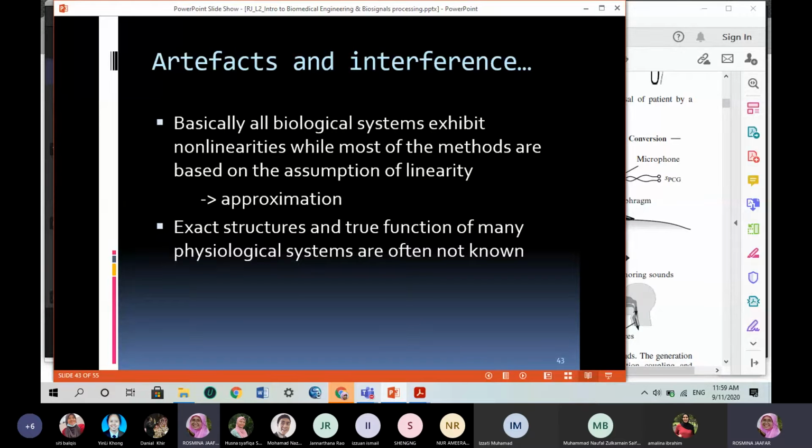So we consider close to linear first, and then you input the element of non-linearity in the analysis in order for us to do the approximation. The exact structures and true functions of many physiological systems are often not known. That is the challenge for us to evaluate the biological system.